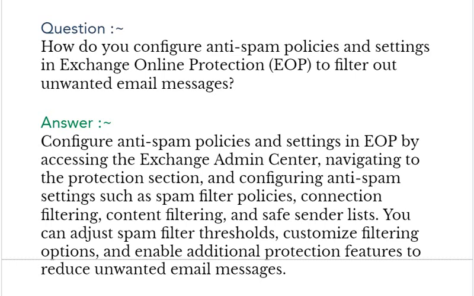Your answer should be: configure anti-spam policies and settings in EOP by accessing the Exchange Admin Center, navigating to the Protection section, and configuring anti-spam settings such as spam filter policies, connection filtering, content filtering, and safe sender lists. You can adjust spam filter thresholds, customize filtering options, and enable additional protection features to reduce unwanted email messages.